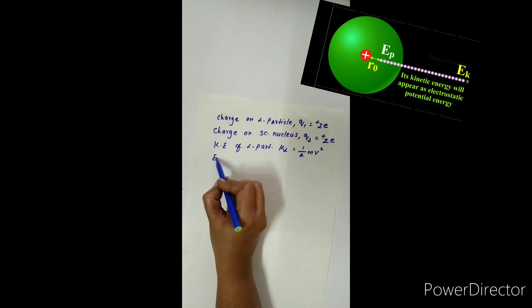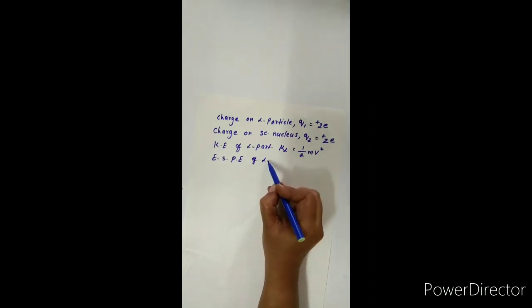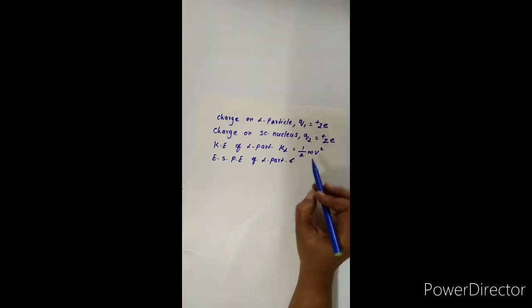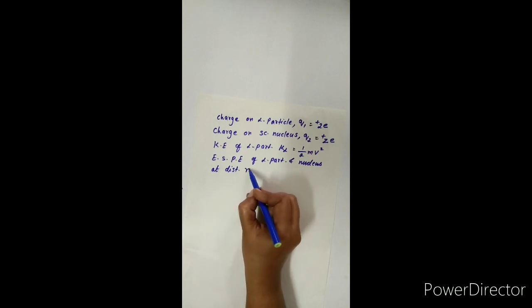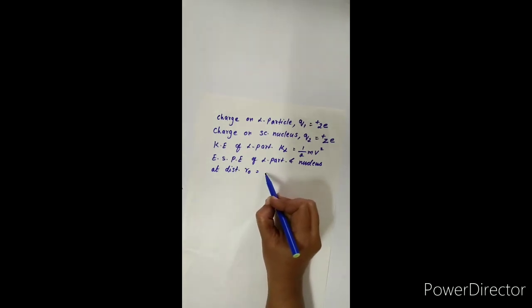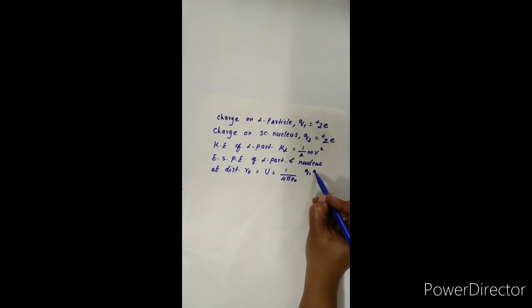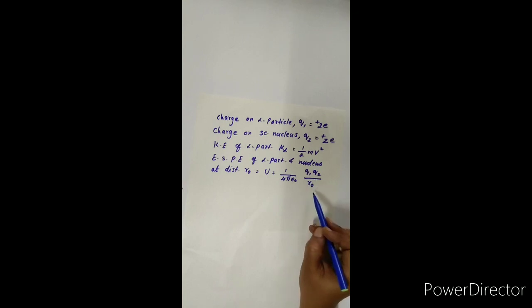So we can write the electrostatic potential energy of the alpha particle and the nucleus at distance R0, denoted U, equal to 1 by 4 pi epsilon 0 Q1 Q2 divided by R0.